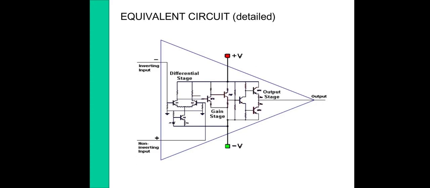Equivalent of an IC: minus terminal and plus terminal, VCC and minus VCC, and the numbering code differs for different amplifiers.